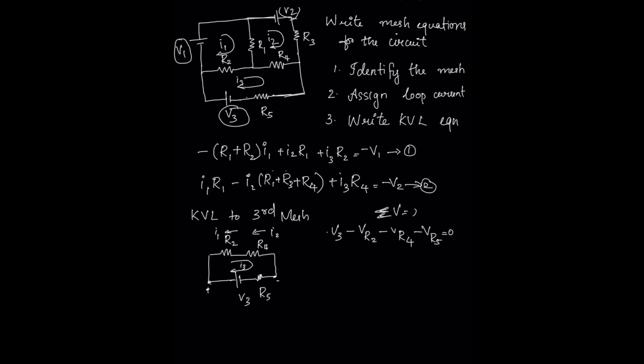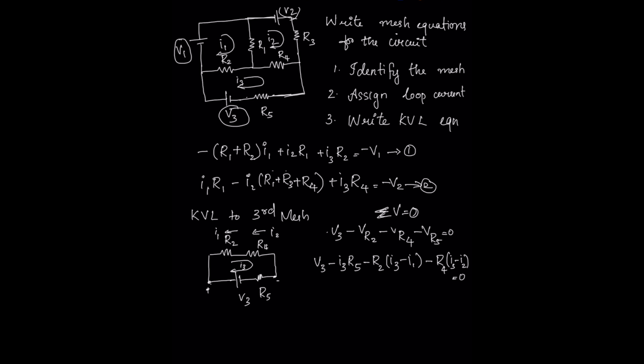Summation of voltage is equal to 0. Now V3 minus I3 R5 minus R2 into I3 minus I1 minus R4 into I3 minus I2 is equal to 0.